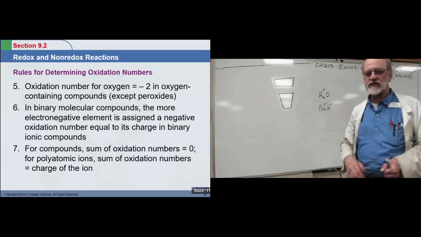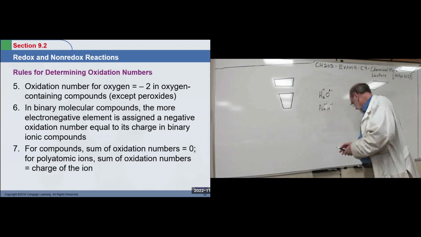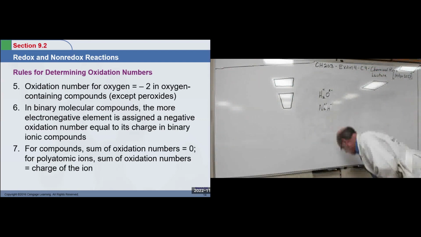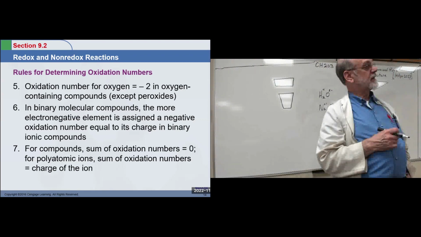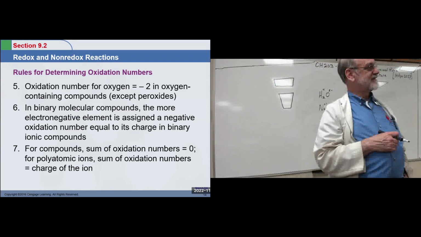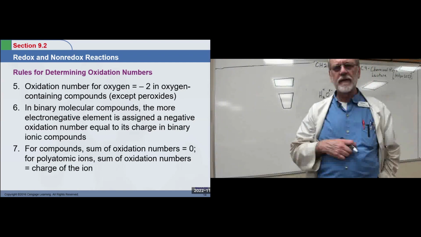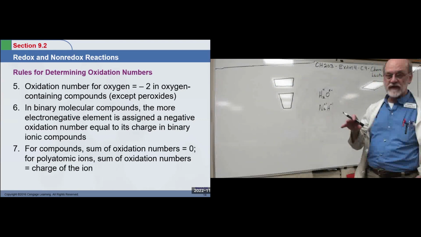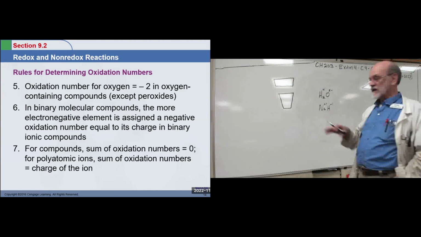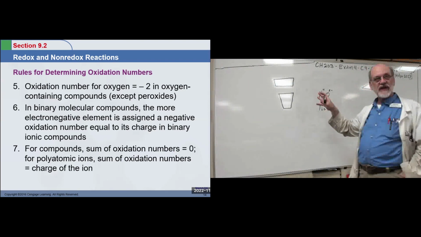Oxidation number for oxygen is -2. And, well, the other members of the group, sulfur, selenium, tellurium, they vary. Right, so we can't assign them an absolute value. But oxygen is given a -2 unless it's a peroxide.